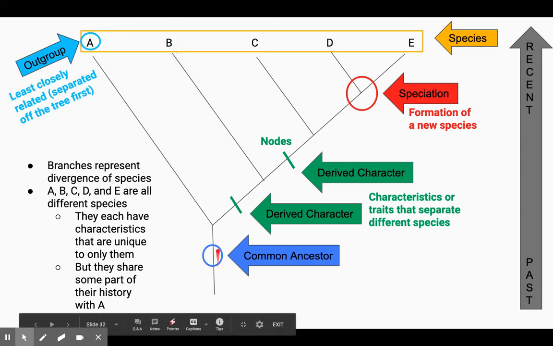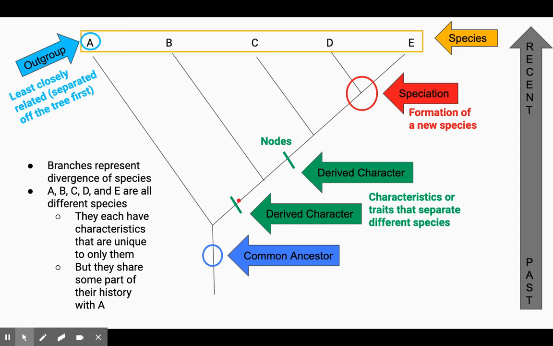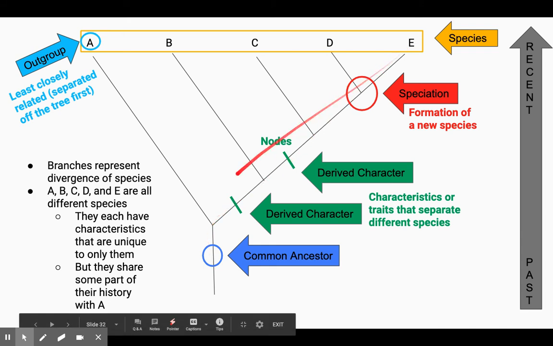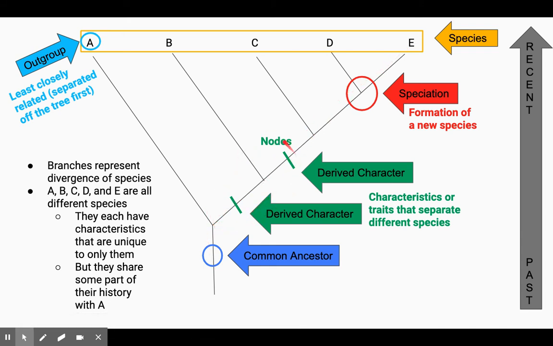Now, letter C does have fur, does have claws, and we can put that right here. Normally, there would be nodes for each one of these speciations. When we form a new species, there's normally a derived characteristic there. So typically we would have one right here, but we don't in this example. So C, D, and E all have fur and claws.